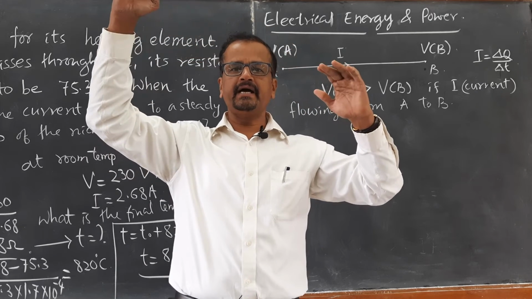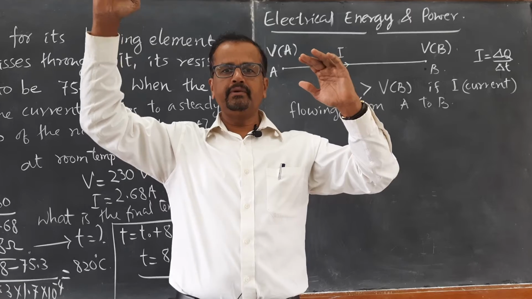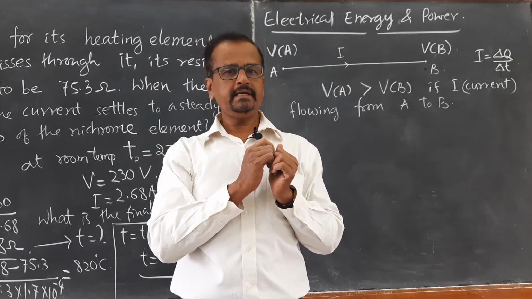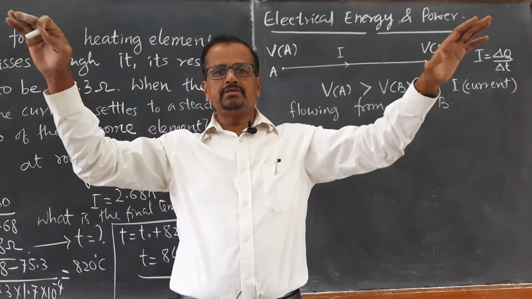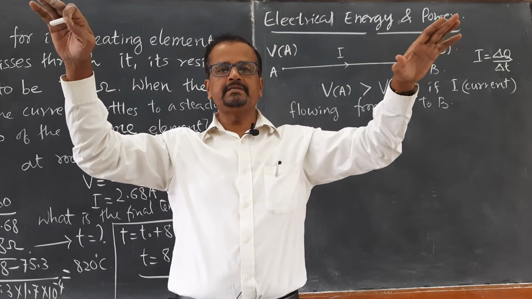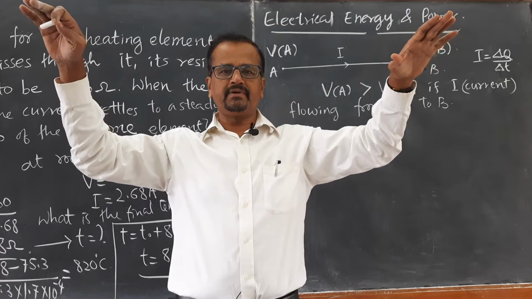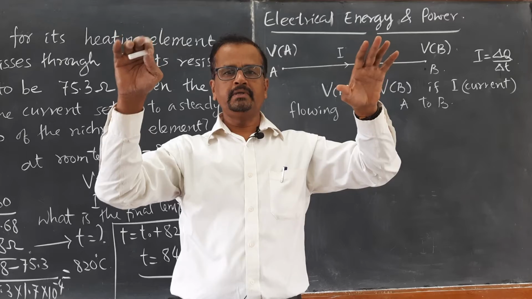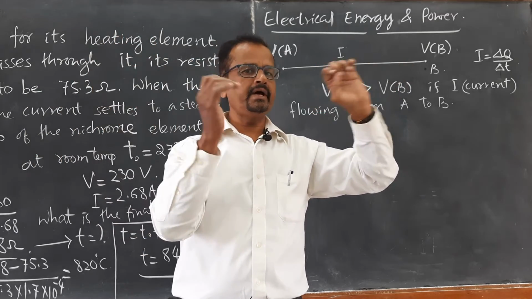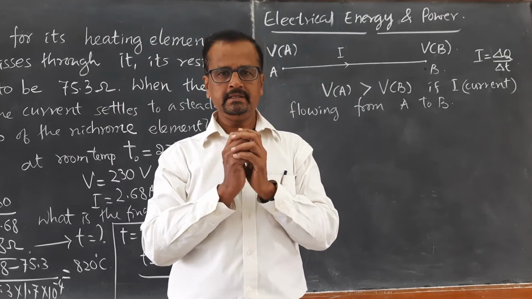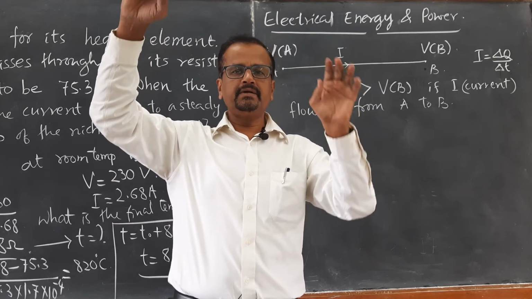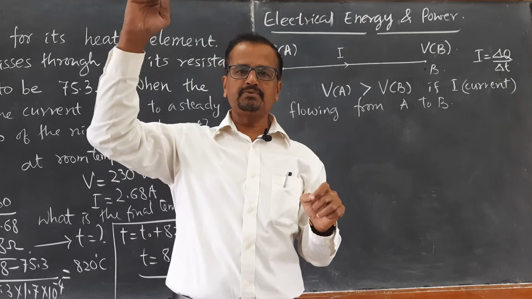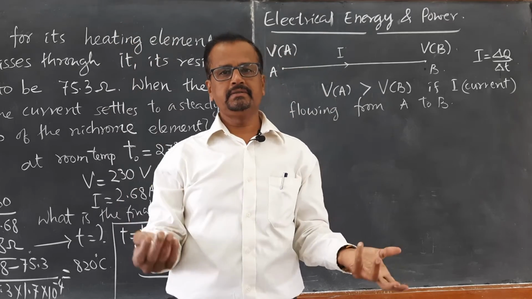When there is a difference in height of a pipe, then only the water can flow from higher level to lower level, right? If it is horizontal, if the difference in height is 0, then it is very difficult for the water to flow. The water will just stagnate, unless it is being pumped from one end to another end. Work has to be done, right? So otherwise, if difference in height is maintained, then the water can flow from higher level to lower level, right?